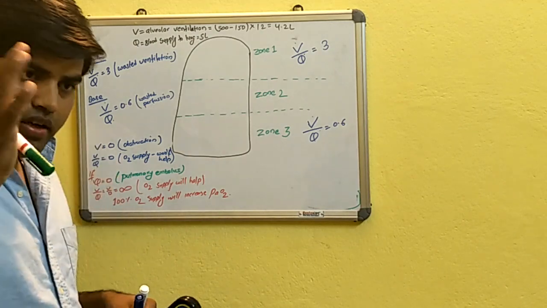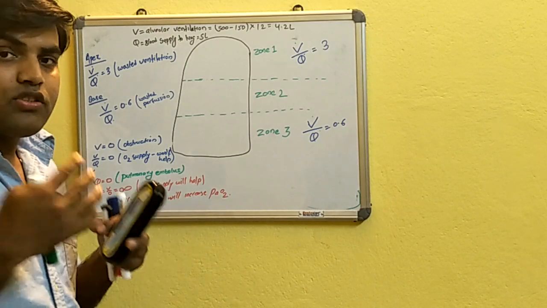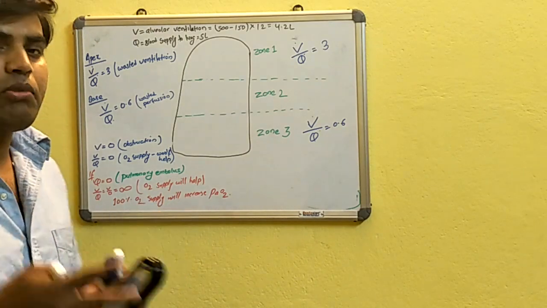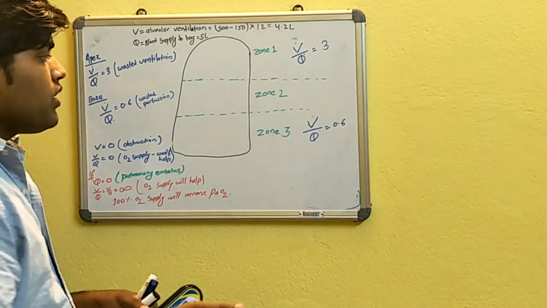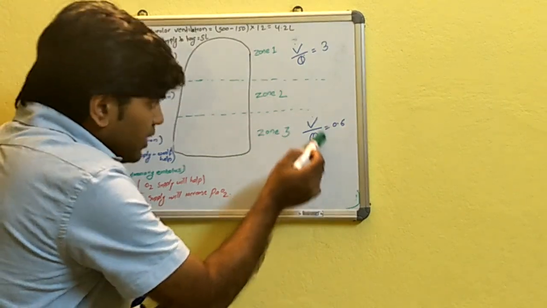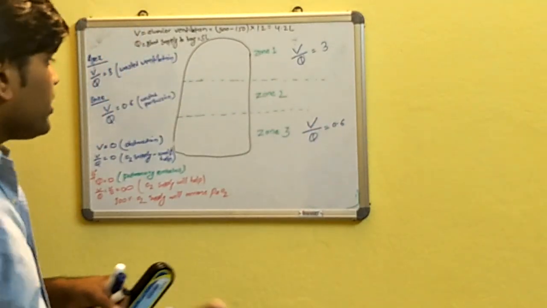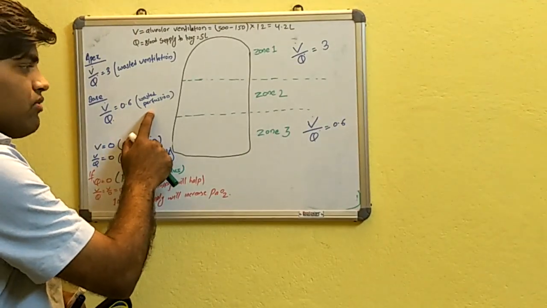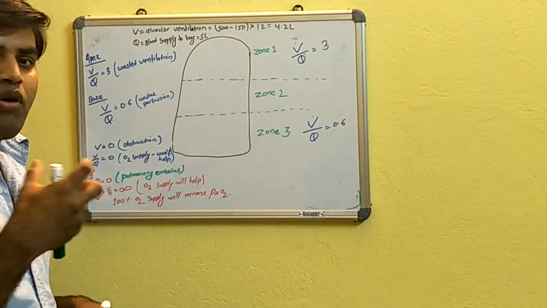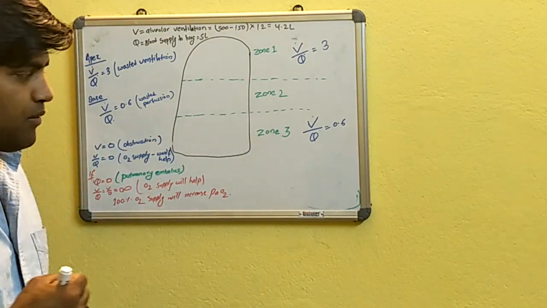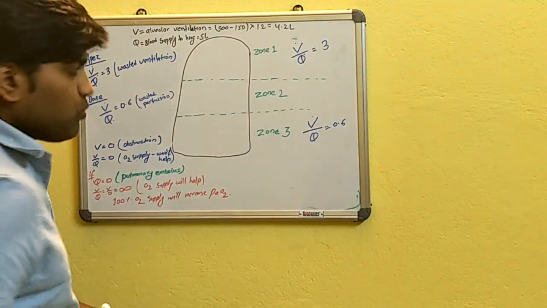The air that comes in, the ventilation, in comparison to that the perfusion, the blood, is more. So the ventilation perfusion ratio comes down to 0.6. This indicates that there is a wastage of the perfusion. The blood that goes does not get the amount of oxygen that it needs to get. So it is a 0.6 ventilation perfusion ratio.